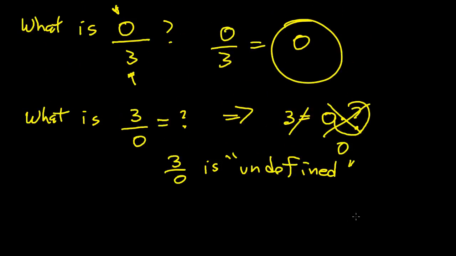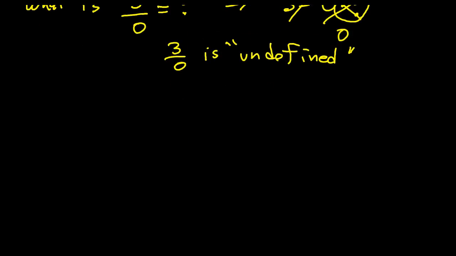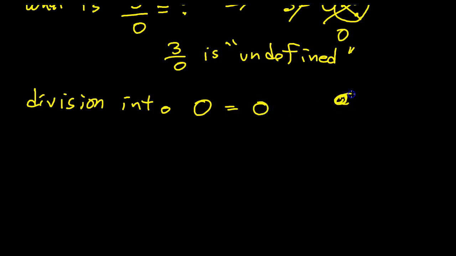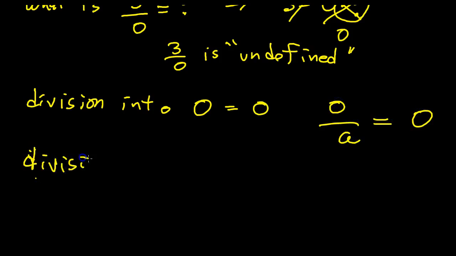So simplifying it in words, I'll say this: division into 0 equals 0. In other words, 0 over a equals 0, and division by 0 is undefined.